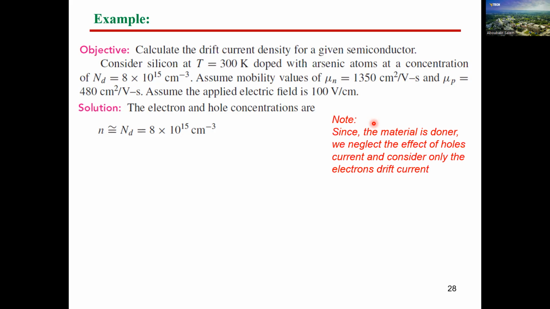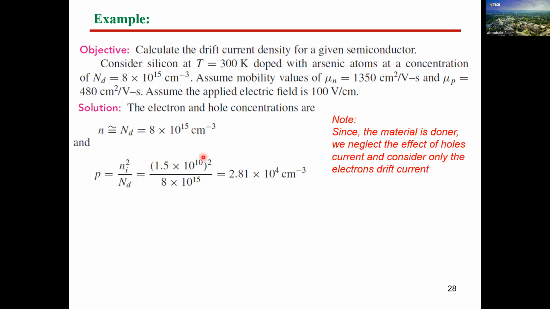So since this is an N-type material, a donor material, we can neglect the effect of holes. So let's consider only the effect of electrons here. Since the donor concentration is given as 8 times 10 to power 15, let's consider only this in our relation. So we can now calculate, guys, the hole concentration. The hole concentration is ni squared divided by Nd.